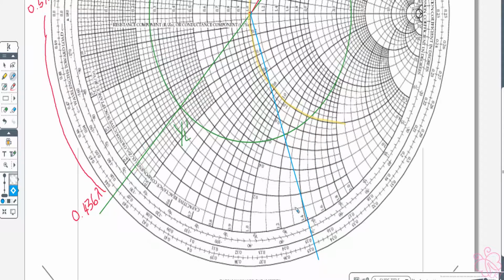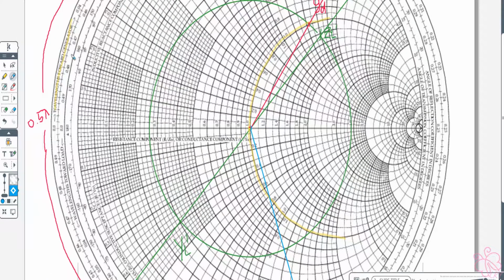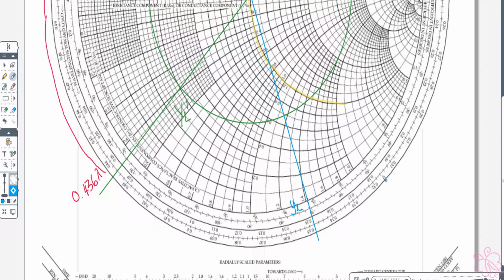So this is our YL, 0 minus j 1.42. We're going to use the same scale, wavelength towards generator, the outer one.